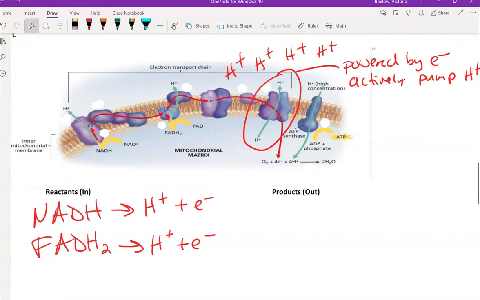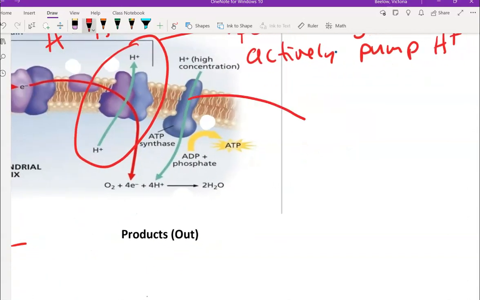And again, this is right here, this is that inner membrane we were talking about, and this is the matrix right here, the most interior part of the mitochondria. We're just very zoomed in. The process of those hydrogens moving across, going from that high to low concentration, is called chemiosmosis.